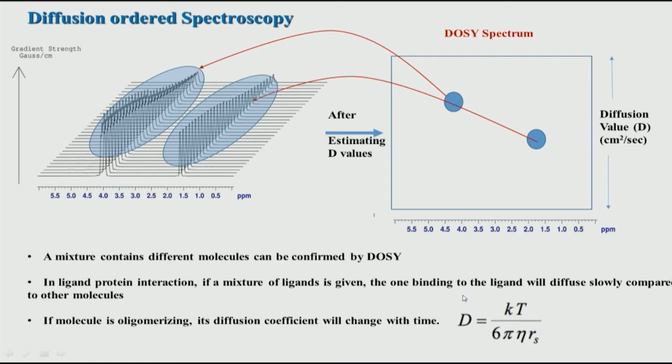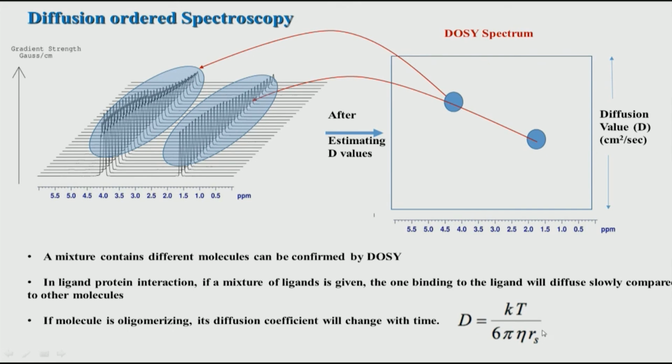And this is the viscosity of the sample, so the diffusion also depends on viscosity. The larger the viscosity of a sample, if you have a viscous solution, the smaller the diffusion will be. Similarly, if you increase temperature, diffusion will be faster. So, these are the different parameters which determine the D value.